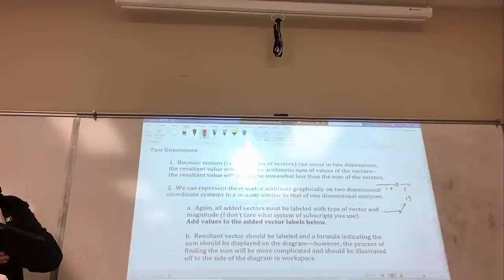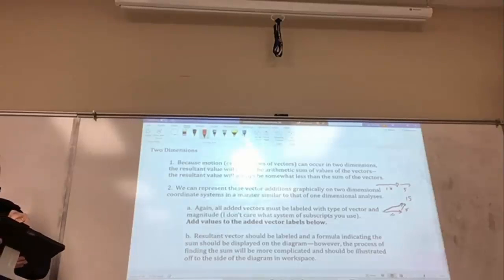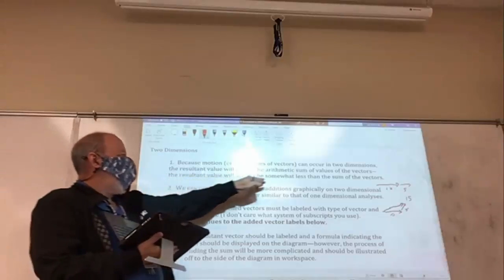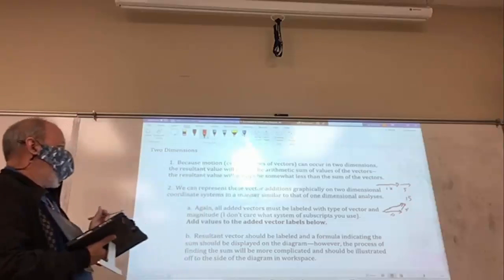The only way that it's going to be 15 is if the 10 and the 5 are in the same direction. But if the 10 and the 5 are in angled directions compared to each other, the result is always going to be less than 15. Okay? The result will always be somewhat less than the sum of the vectors.